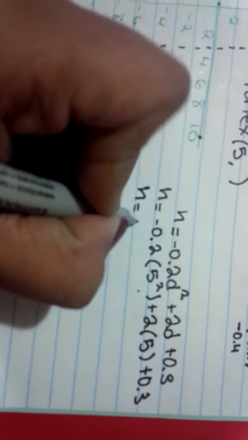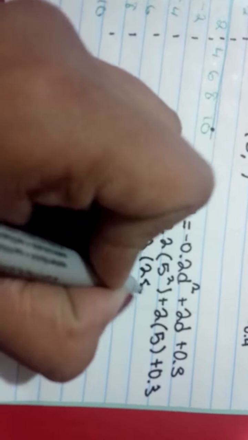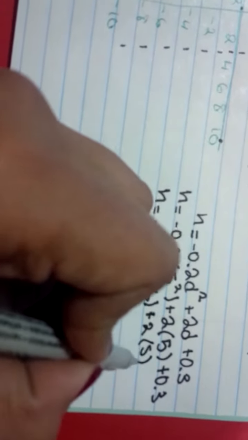So we already know that 5 squared is 25, plus 2 times 5 plus 0.3.